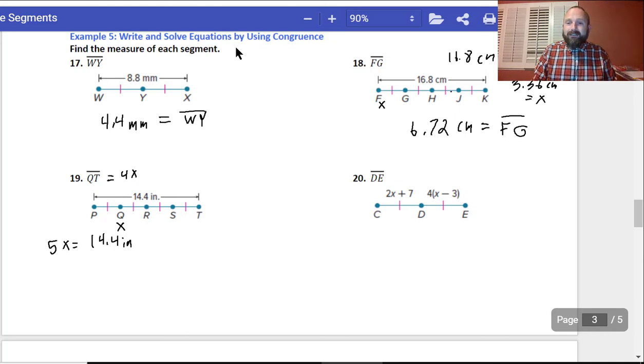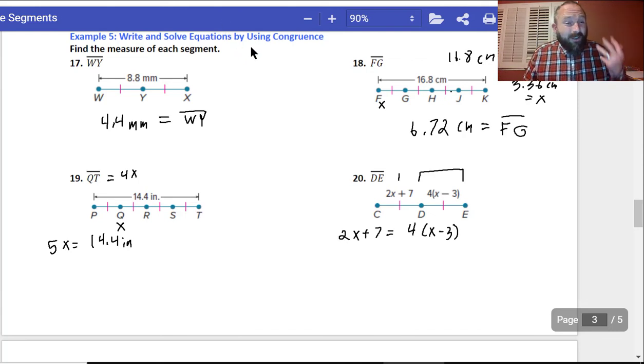Now for DE, we want to know how much it is from here to here. Let's have you write the equation in 3, 2, 1. You are going to solve this. What is x? After you solve for x, you plug in.